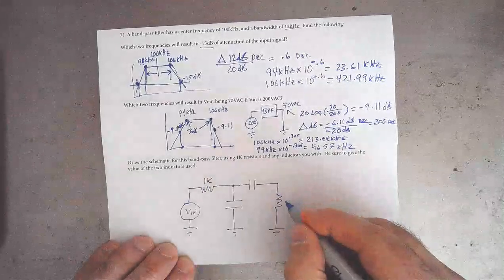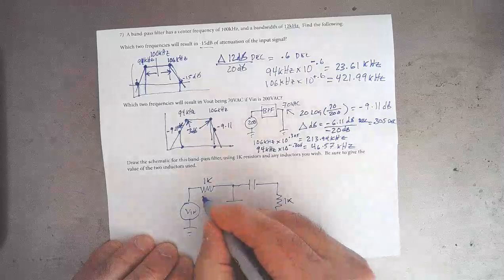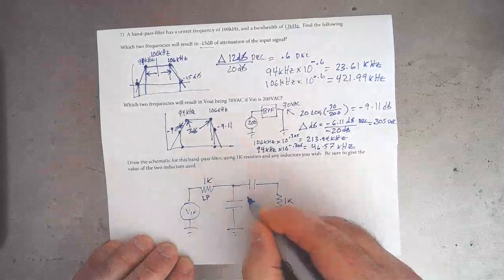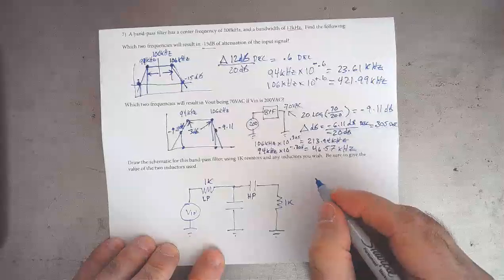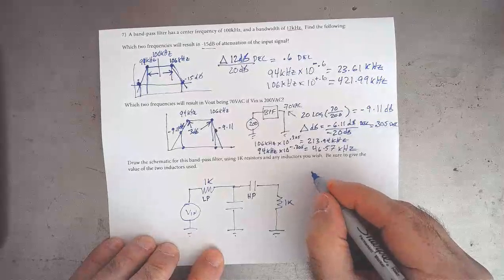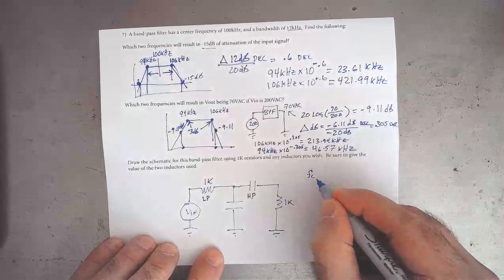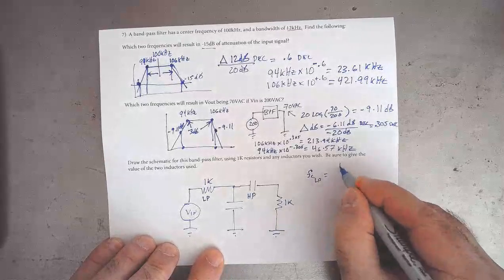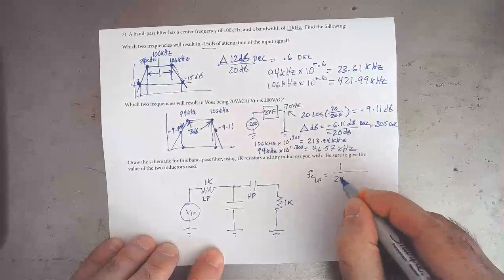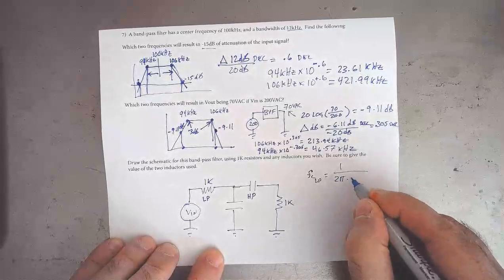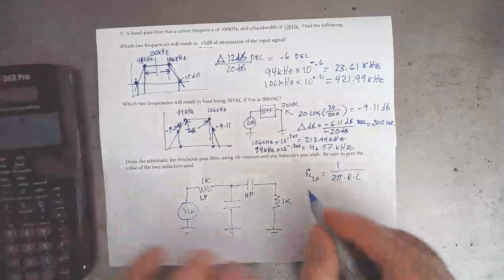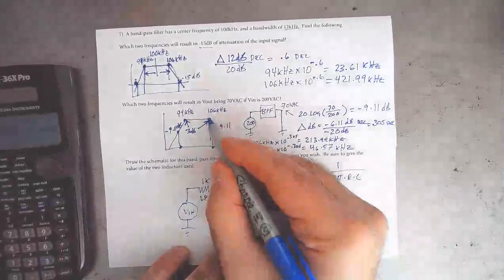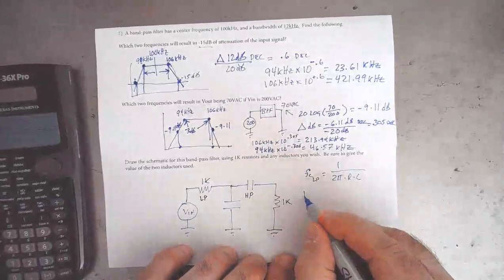So we're told that this is 1K and this is 1K. This is the low pass filter. This is the high pass filter right here. Well, we know that the critical frequency for the low pass is going to be 1 over 2 pi times R times C. And so the critical frequency for the low pass is 106 kilohertz.